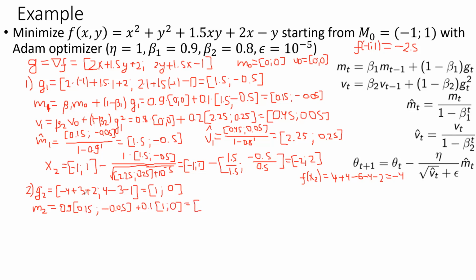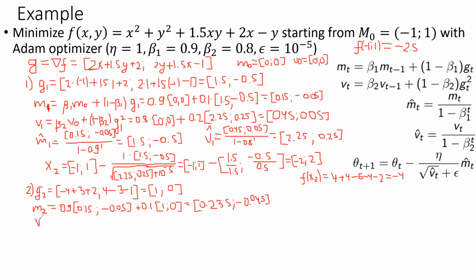So we will multiply 0.9 by value 0.15, and then add 0.1, we'll have 0.235. Now multiplication by 0 will not give us anything new, so we will have negative 0.045.